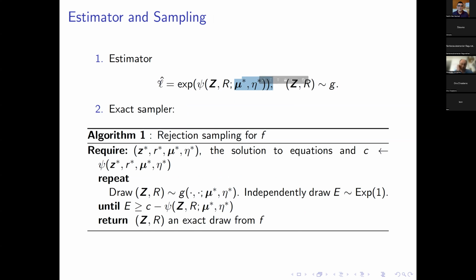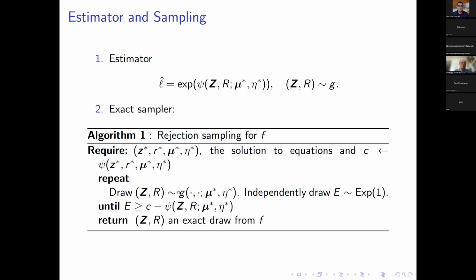So I can estimate the L, the probability of interest, and I can also use the rejection sampling algorithm for this truncated multivariate student. Now the rejection sampling, there's nothing special about this.